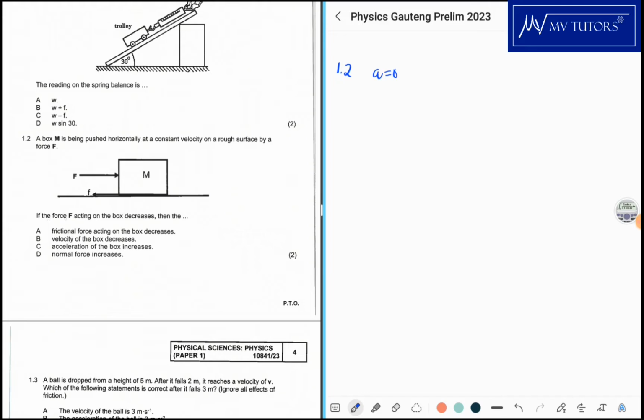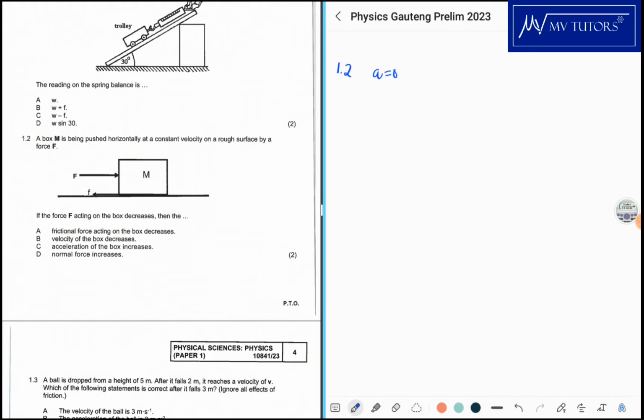Now it says if the force F acting on the box decreases, then the frictional force acting on the box decreases. Well, I think it will increase, because the force applied is decreasing, then you'll have more friction to deal with. So I don't think A is the right answer.